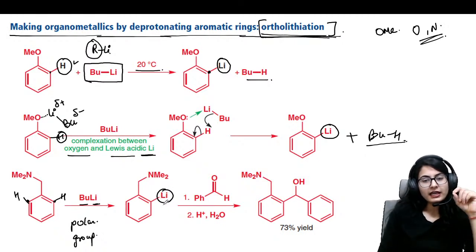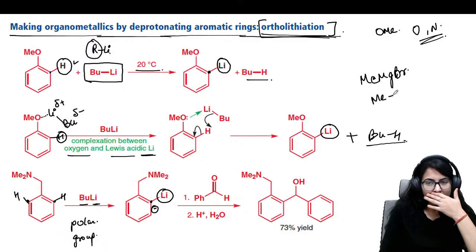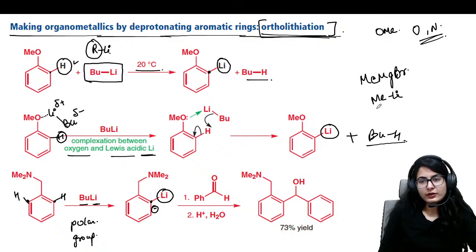Now, what is the use of ortholithiation? The use of ortholithiation is that lithium is positive, so this carbon must be negative. Yes or no? Just like you are having methyl magnesium bromide, just like that you are having methyl lithium, just like that you are having aryl lithium as well.